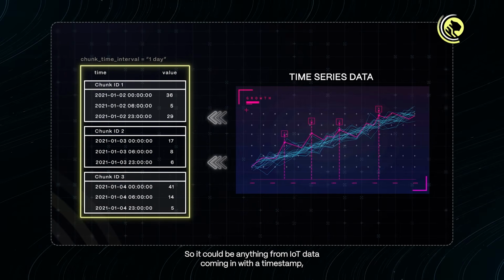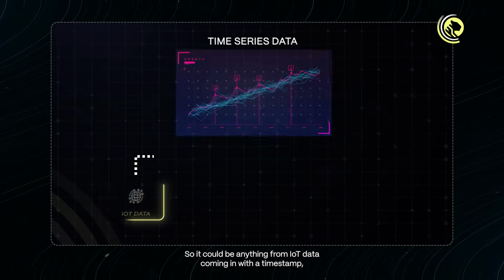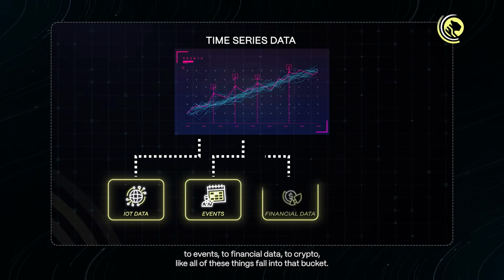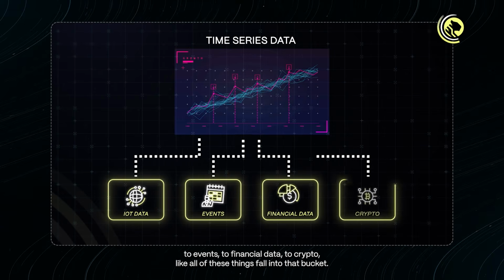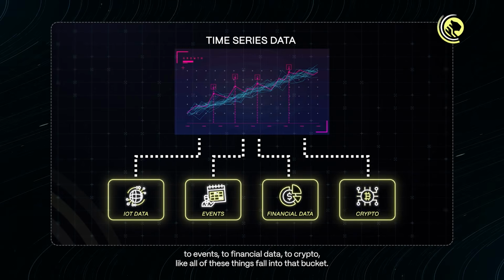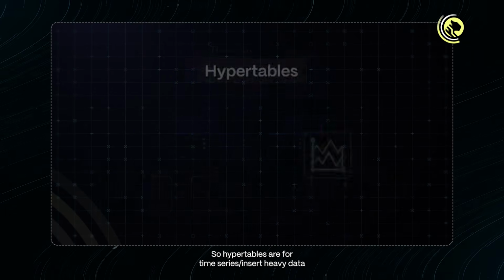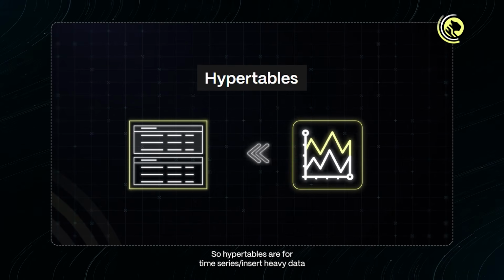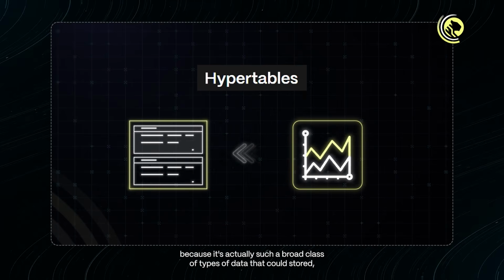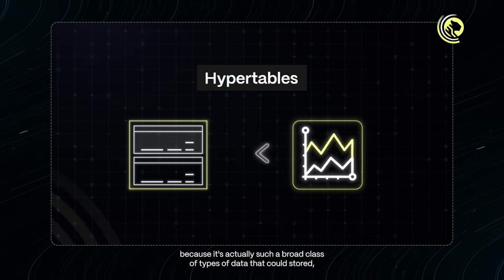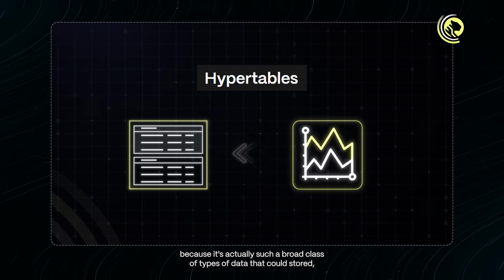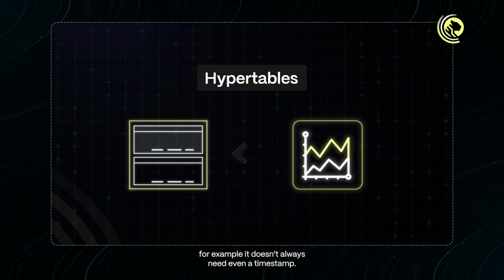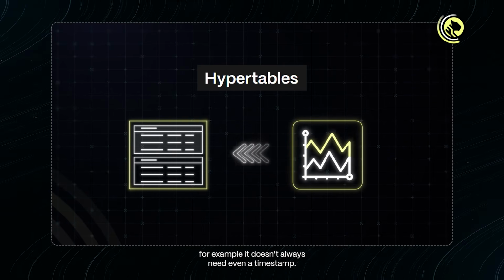So it could be anything from IoT data coming in with a timestamp, to events, to financial data, to crypto. All of these things fall into that bucket. So hypertables are for time series or insert heavy data, because it's such a broad class of types of data that it could store. For example, it doesn't always even need a timestamp.